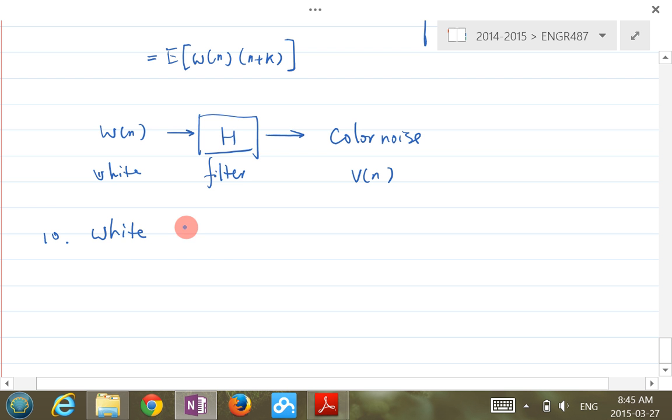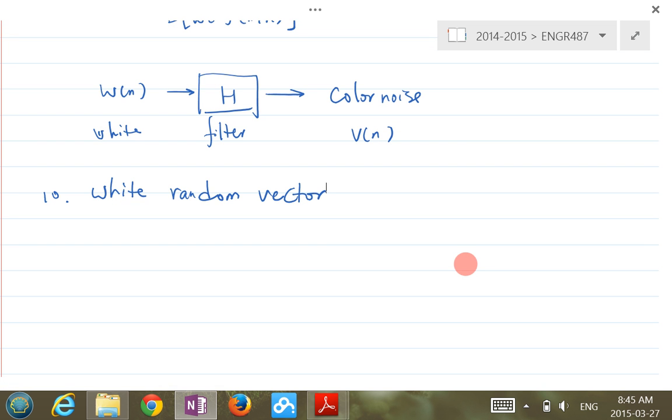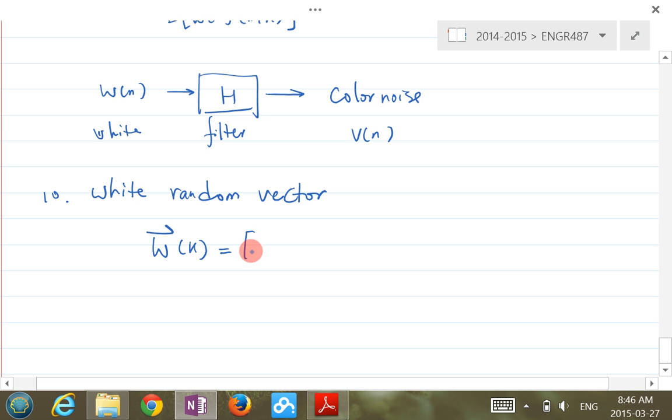So we have one white noise, and now the last part is really what we're going to deal with now. Now let's look at the white random vector. So I'll use a W here now to indicate this white random vector. So this white random vector is W1 of k, W2 of k, and Wn of k.